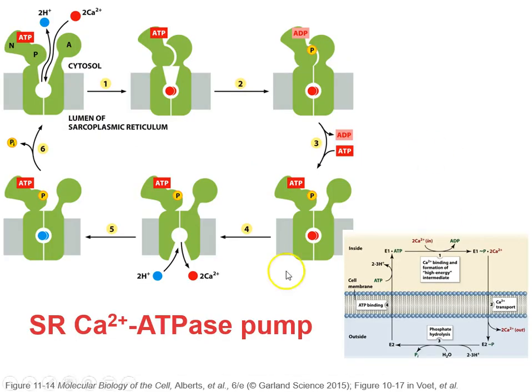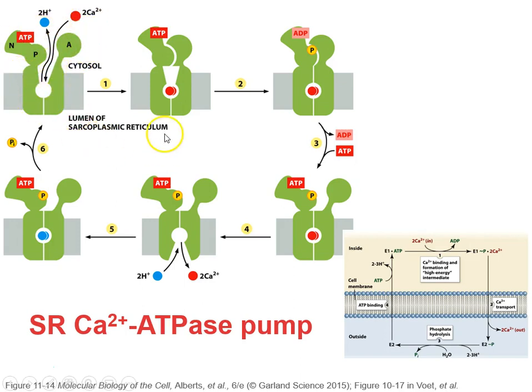We do have calcium ATPase pumps in the sarcoplasmic reticulum as well. So if we orient ourselves here, if this is the inside of the sarcoplasmic reticulum and here's the cytosol, what happens is we have 2 calcium ions binding, and here we also have the involvement of hydrogen ions. The hydrogen ions are going to be pumped out when the calcium ions are pumped in.